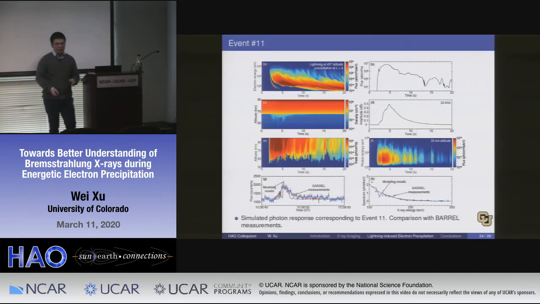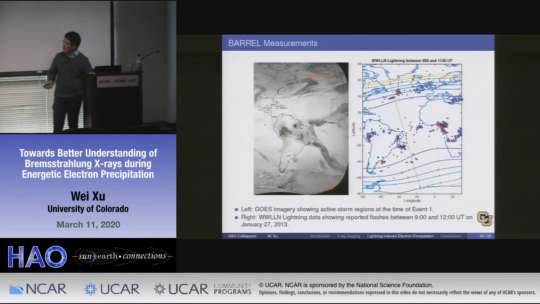Yes, the current that is needed to explain BARREL measurements is more than 300 kiloamps, which is not impossible, but should be very rare. But there's also some complexity here. The reason that we cannot find the parent lightning discharge has many possible causes. One is the drift loss cone.